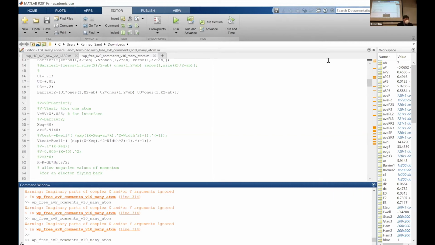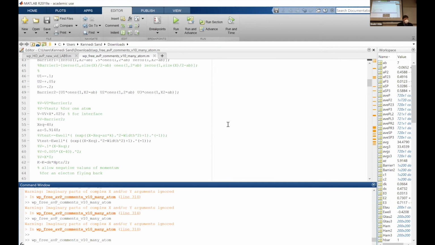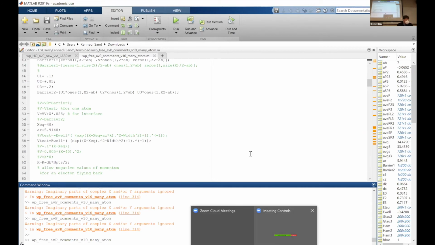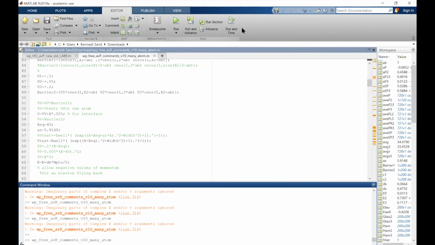So Kennedy, copy this statement from the chat, and paste it as the very last line of the code.